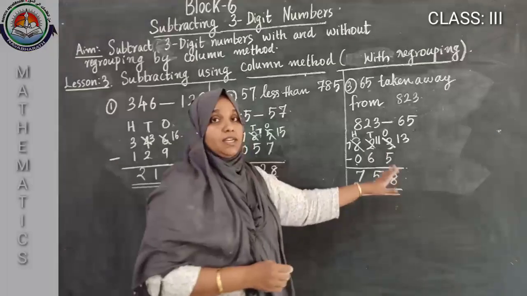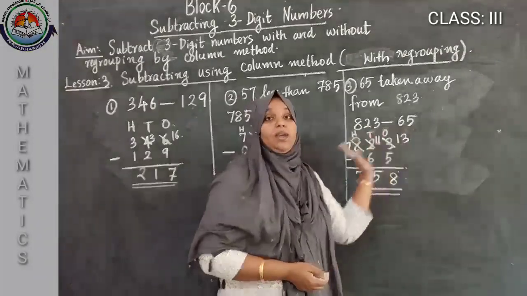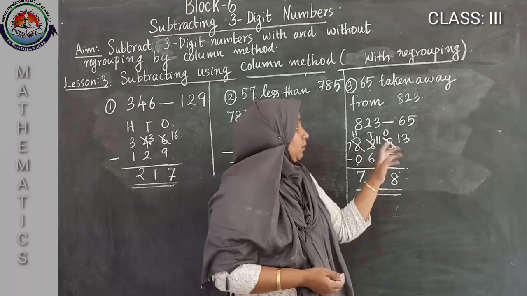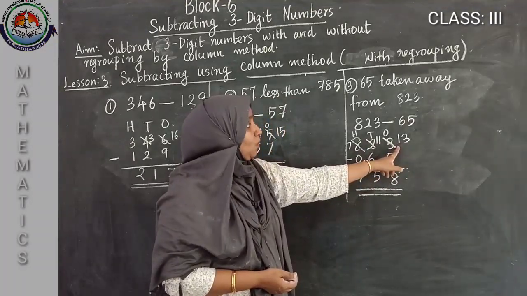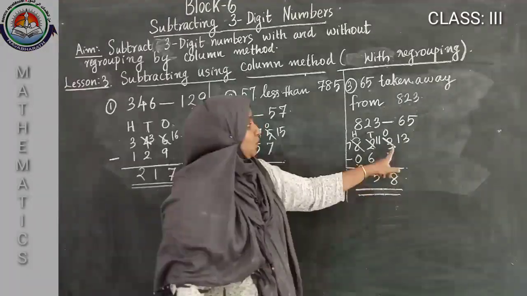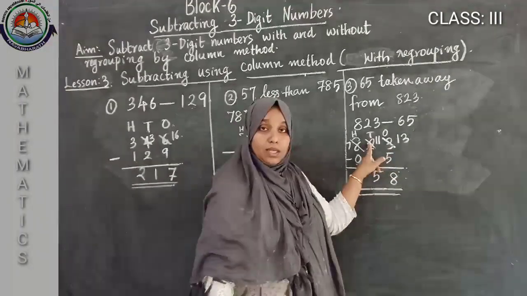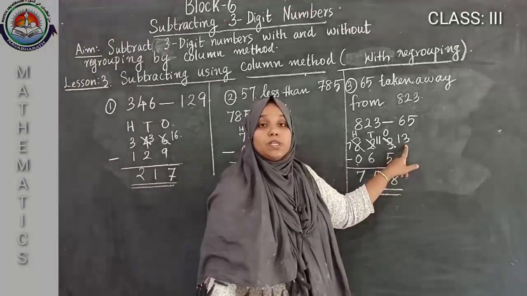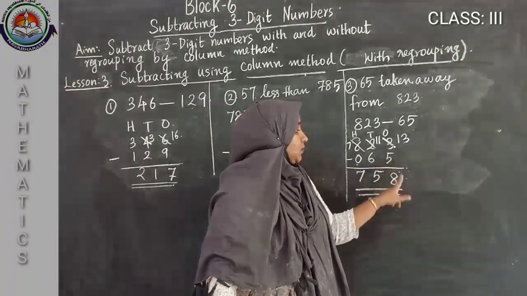You understood this? Here 2 borrowings are coming. First we borrow, the number is 3. 3 minus 5 we can't do, so we borrowed 1 ten from the tens, so this number becomes 13. 13 minus 5 is 8.